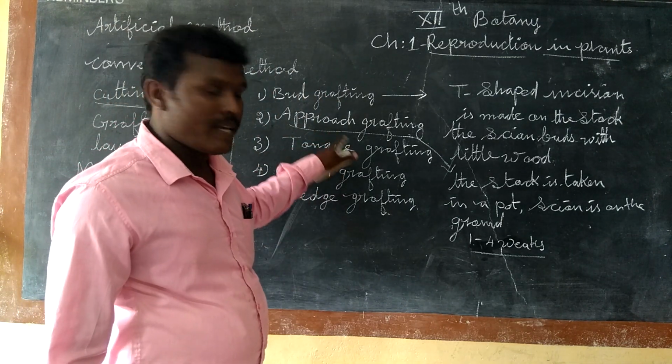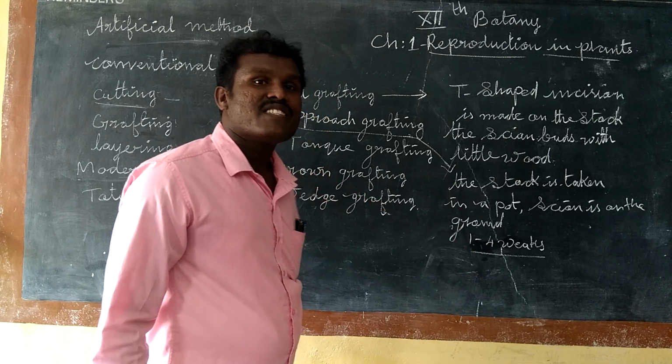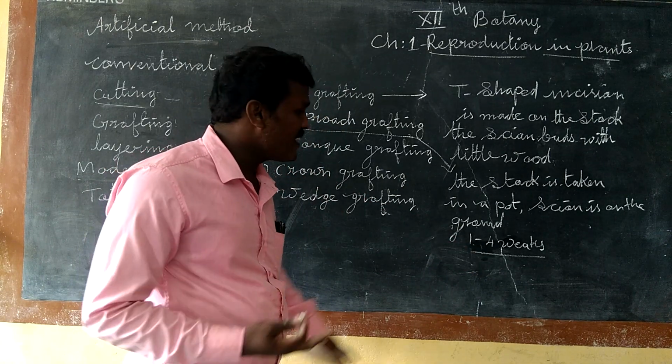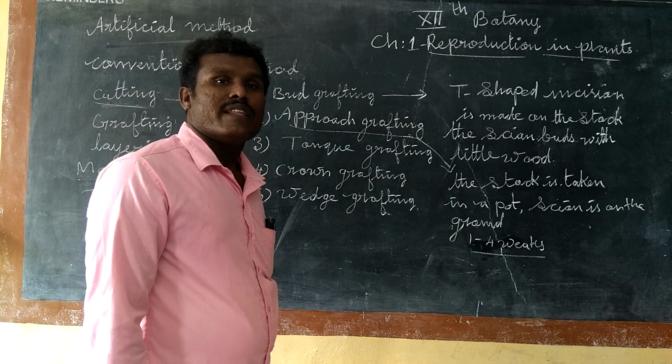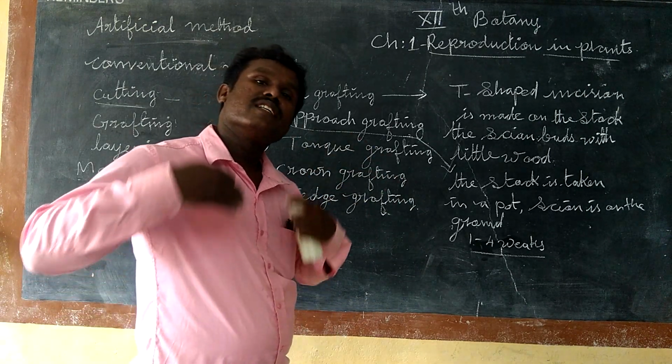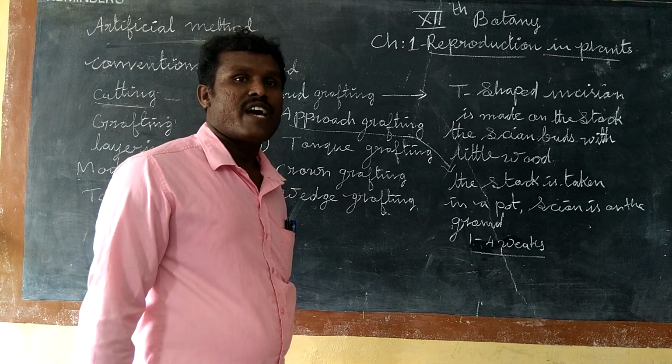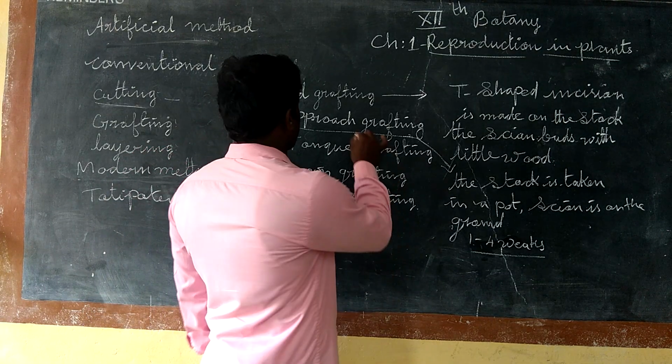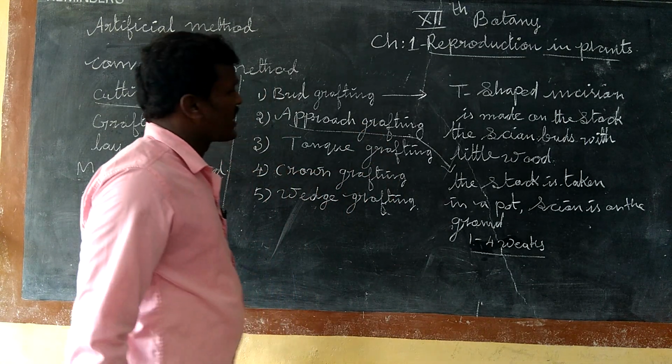After that, the tip of the stock and the base of the scion are cut. Then the plant is kept in a separate pot or separate place where it can grow into an individual plant. This is the recorded approach grafting.